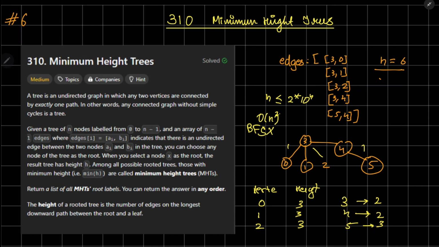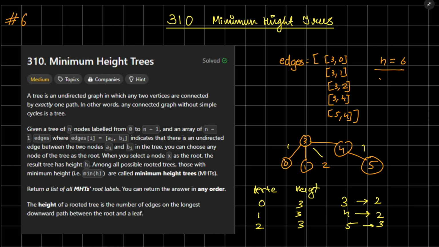Okay, so what we have to do is, we can think of it in another way, in terms of topological sort, but not exactly, because topological sort is applicable only to a directed acyclic graph. This is not a directed graph, but if we know topological sort, we can use that knowledge in this question.